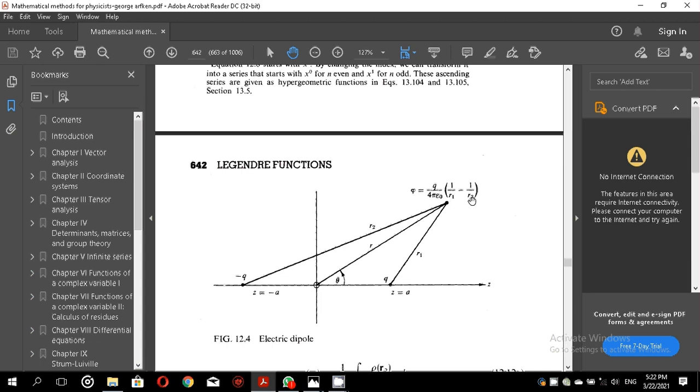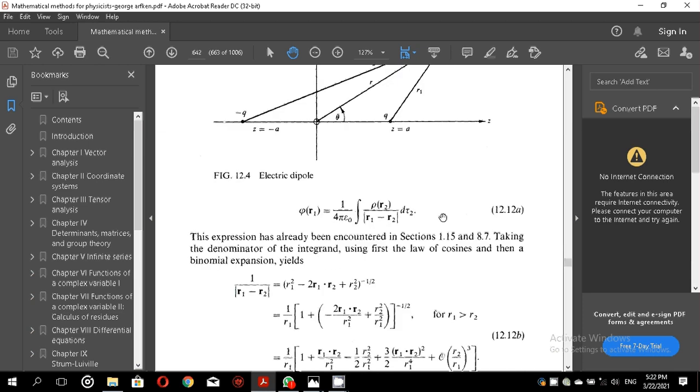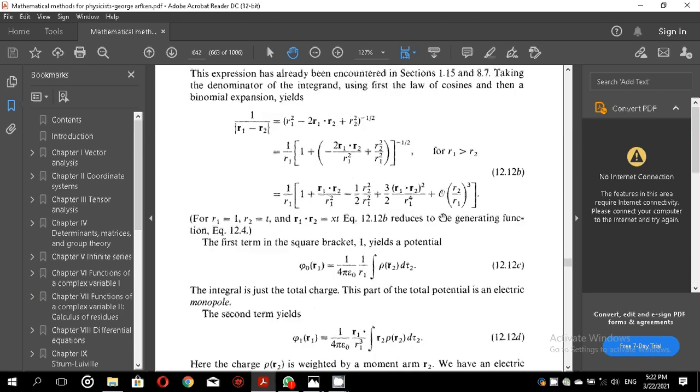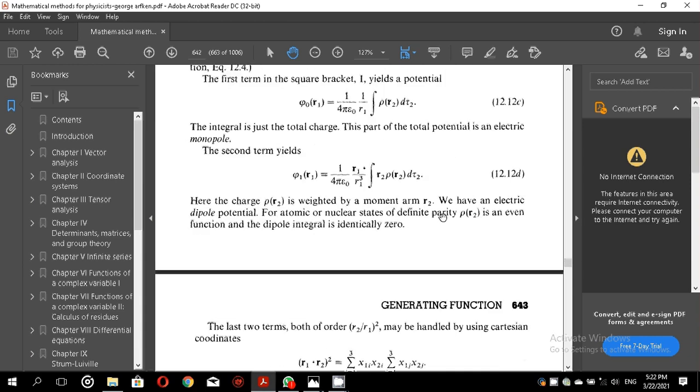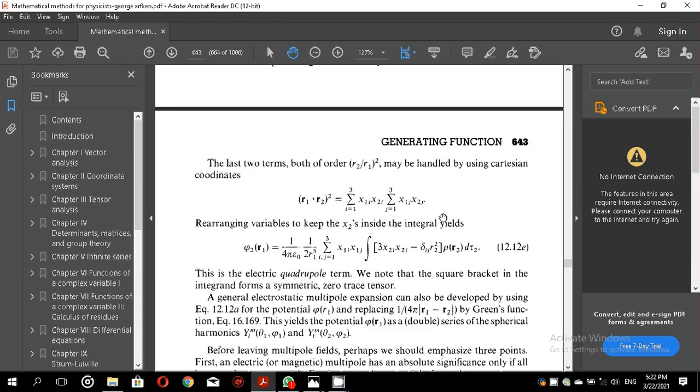So this expression in the bracket will now be evaluated using the generating function of Legendre polynomials.